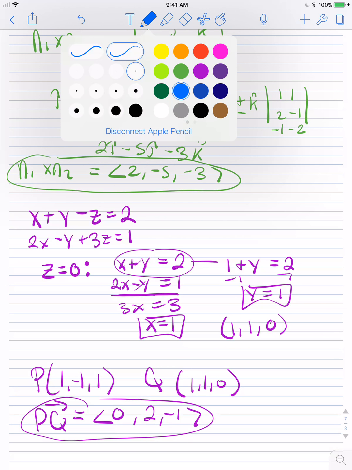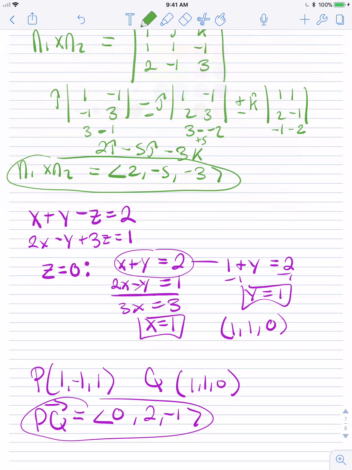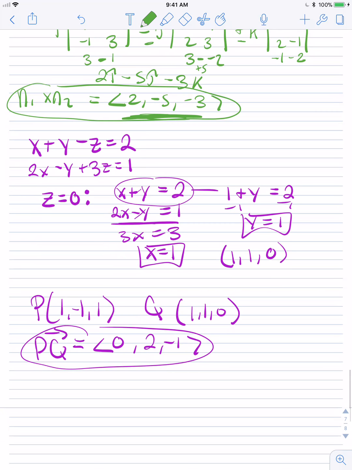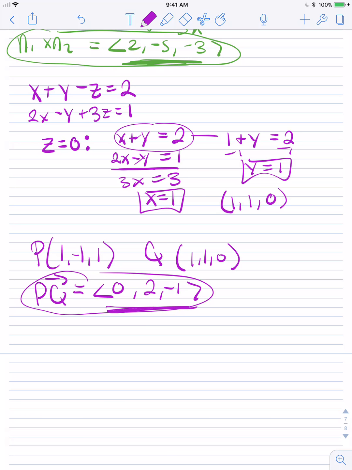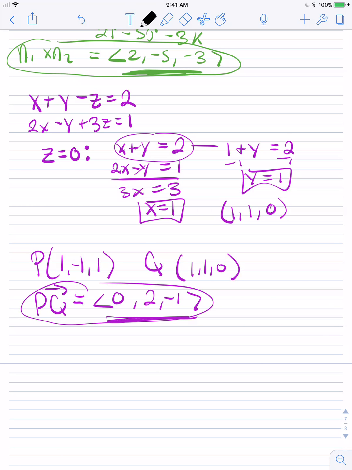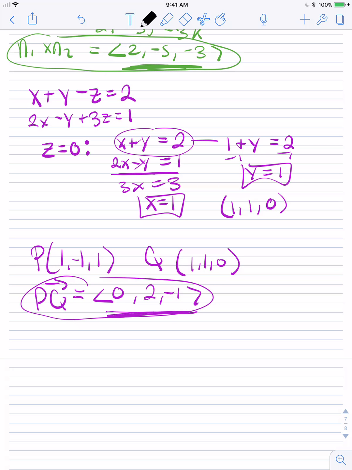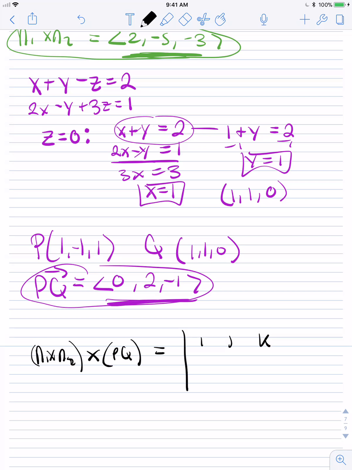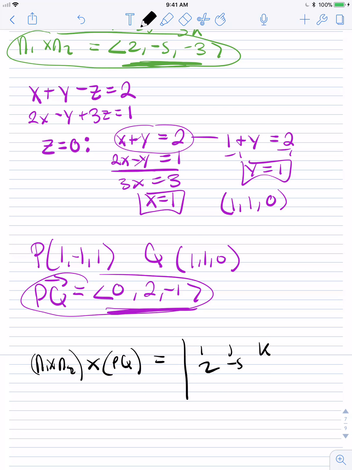So we have this vector, and we have this vector. So let's try crossing them. I'll do this in black. We said N, we didn't give it a name, so I'll just keep it the same. N cross PQ, with i, j, k, 2, negative 5, negative 3.